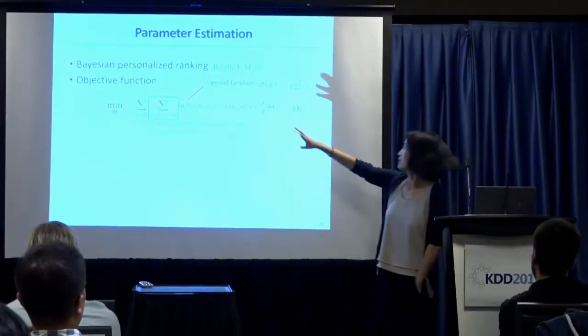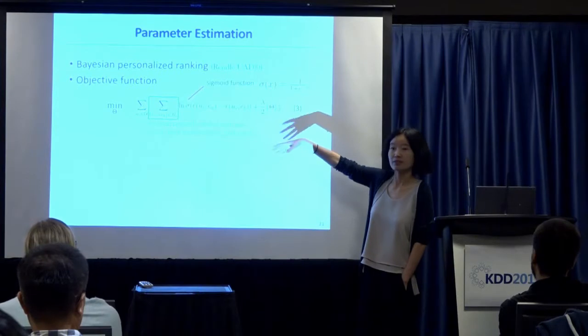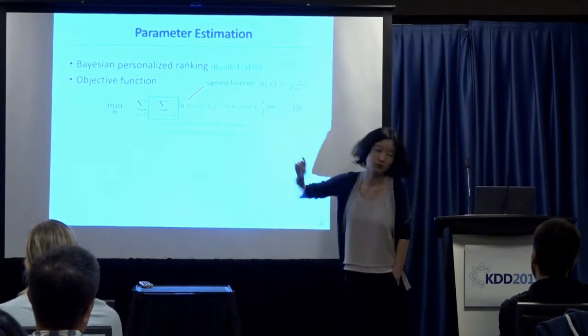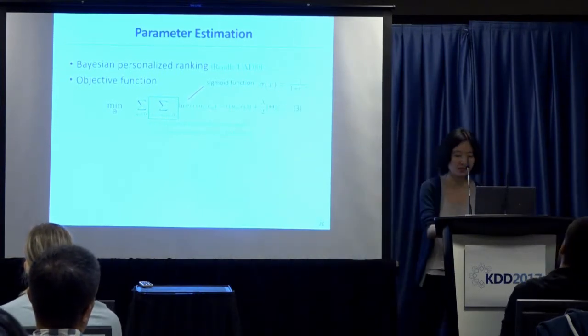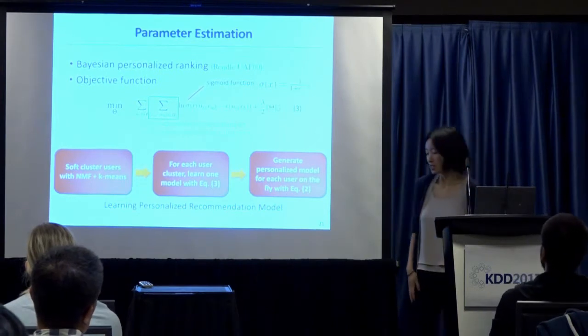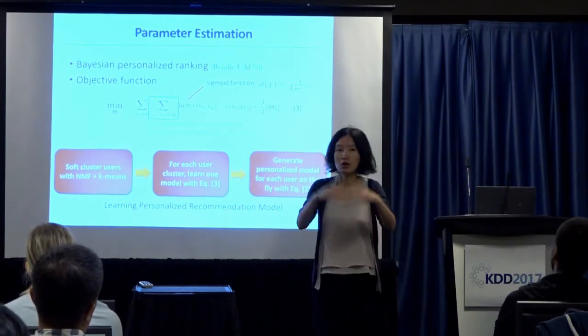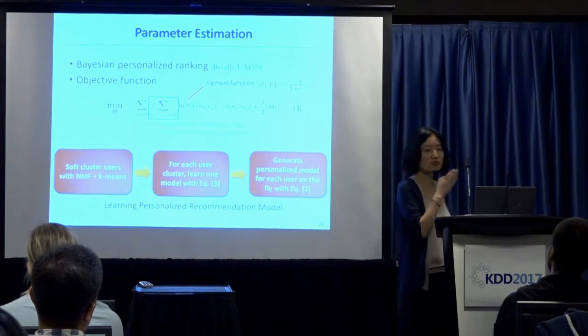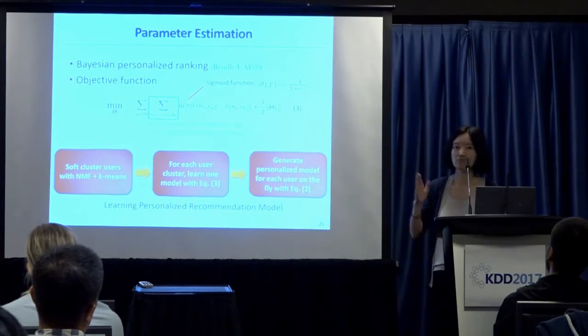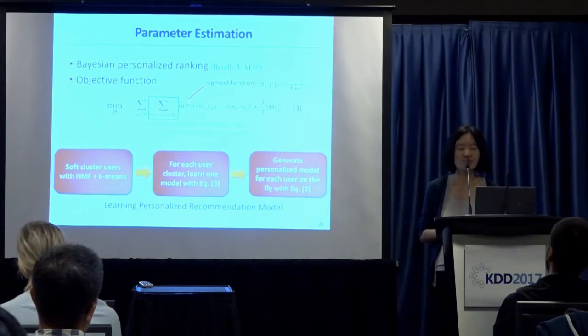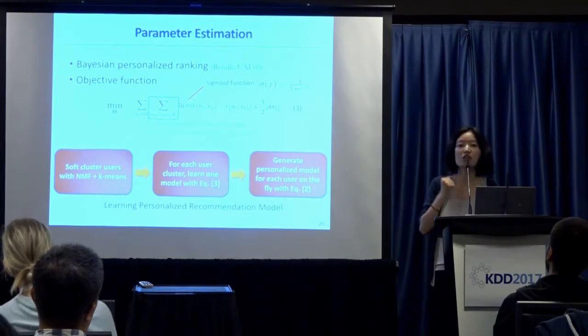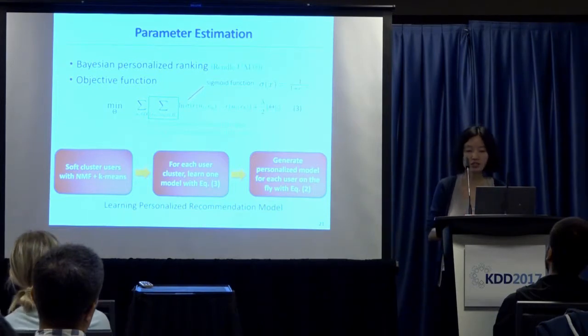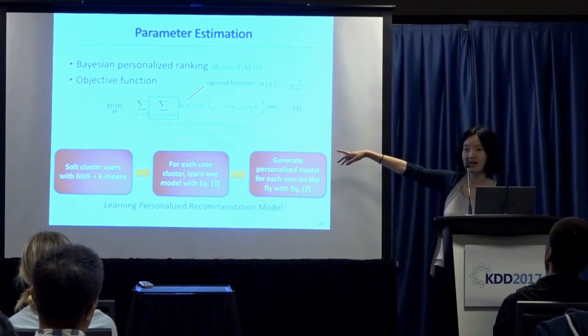Okay, so based on this idea, we can form this objective function, and then we'll put some regularization on the theta part, because theta is something we're going to learn. Okay, so essentially for the whole framework, we first cluster the users based on any very naive clustering algorithm, and then for each group of users, we try to write down the objective function, right? So then we can learn separate thetas.